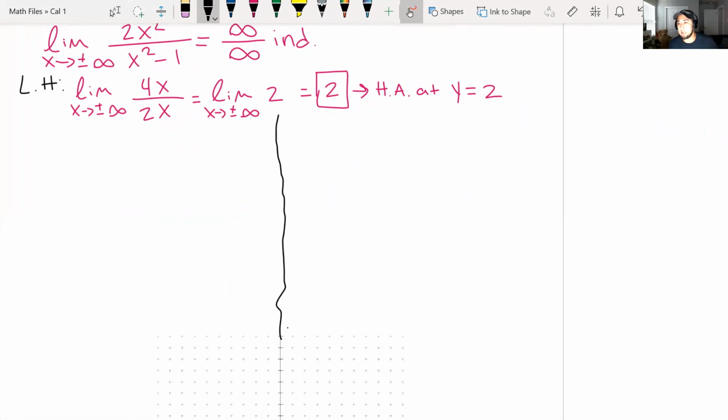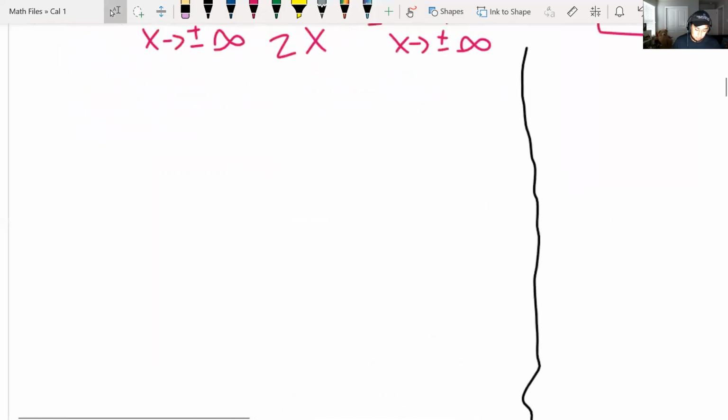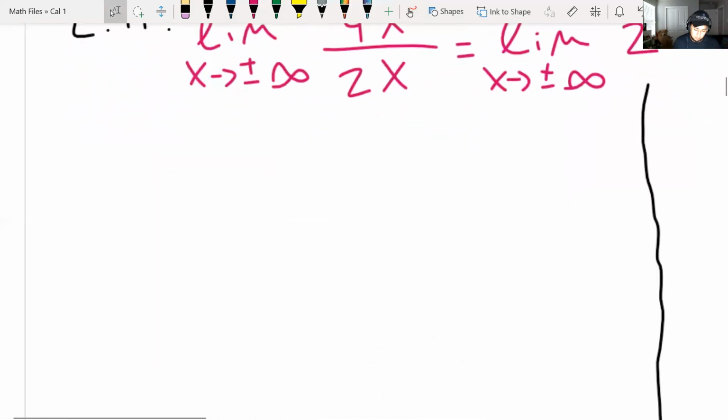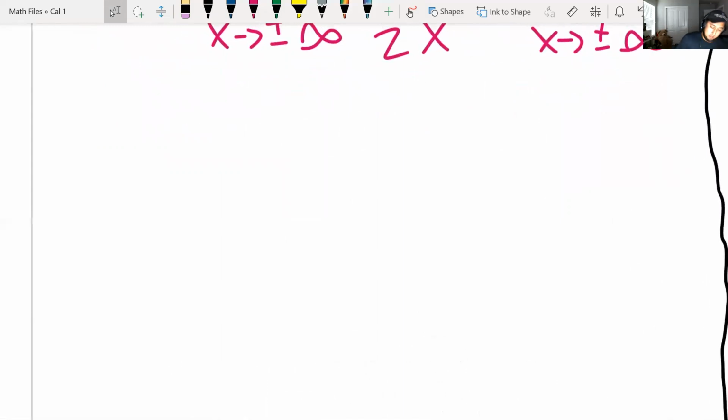I cannot cross this line. On the left side, I'll have the first derivative. On the right side, I'll have the second derivative. Okay. Steps 4 and 5. We're going to look for max and minimums.